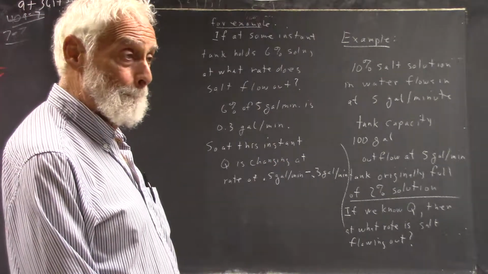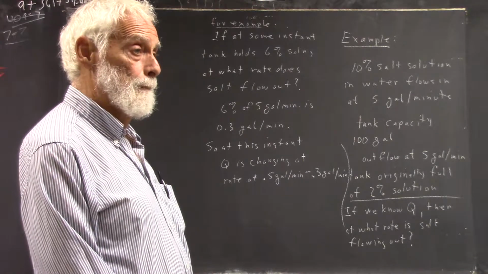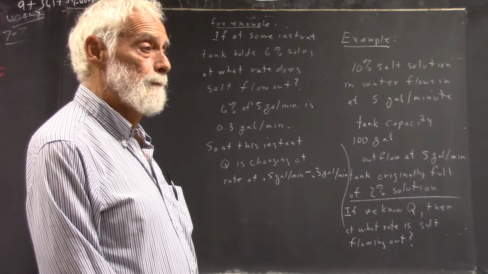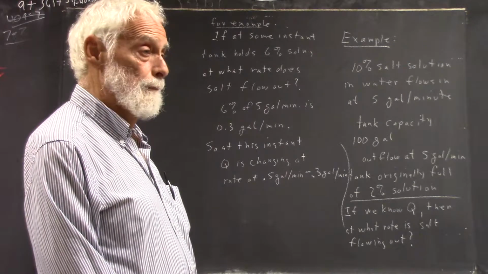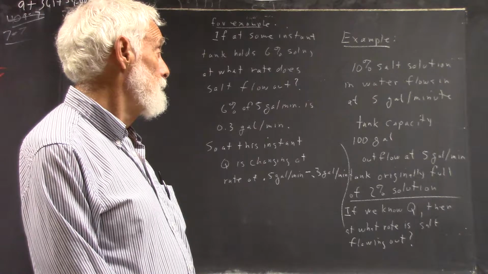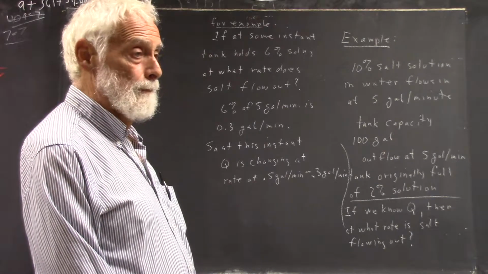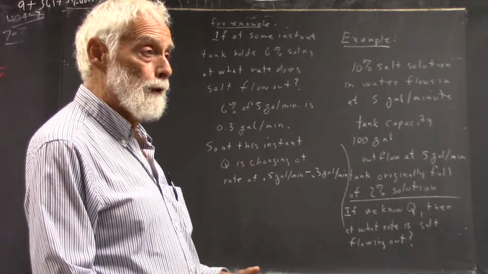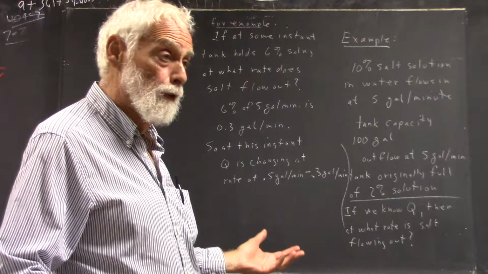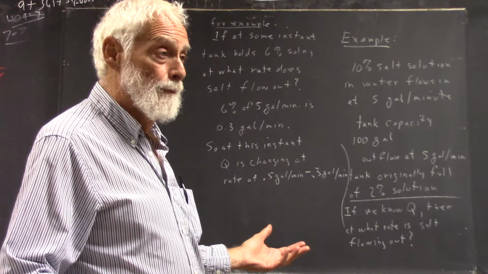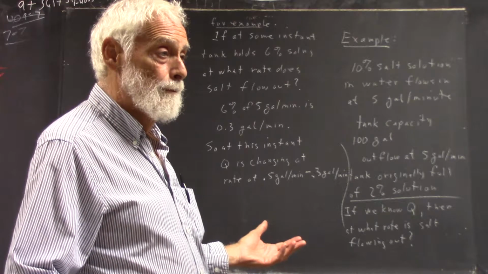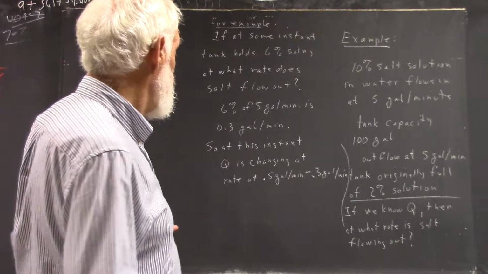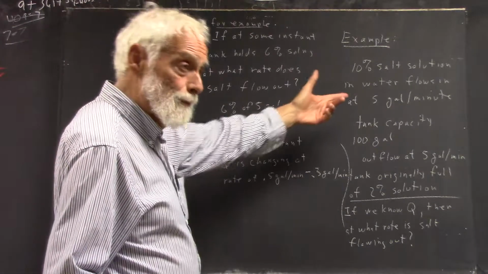Now, why is that? Well, you got salt flowing in, you got salt flowing out. At what rate is salt flowing in? It's flowing in at the rate of 10%. Well, 10% of what? 5 gallons per minute.